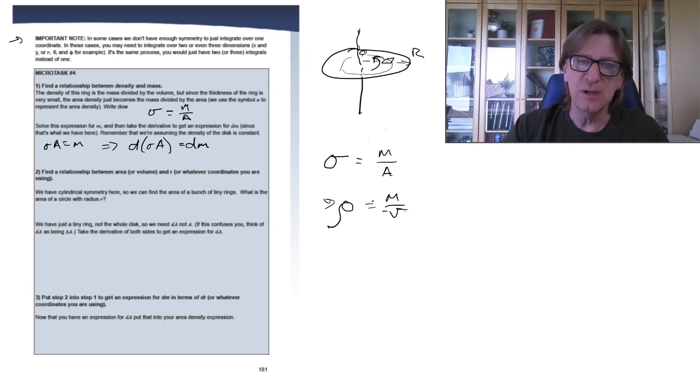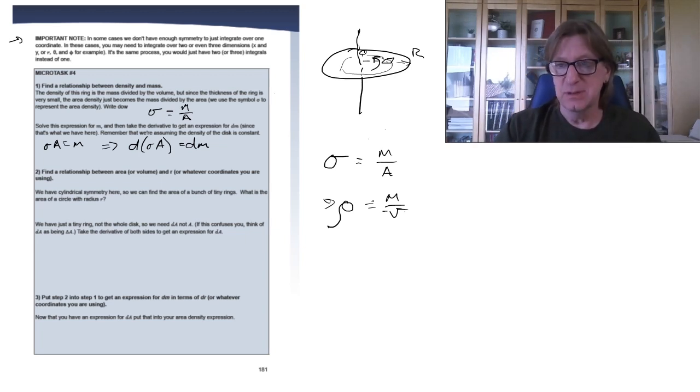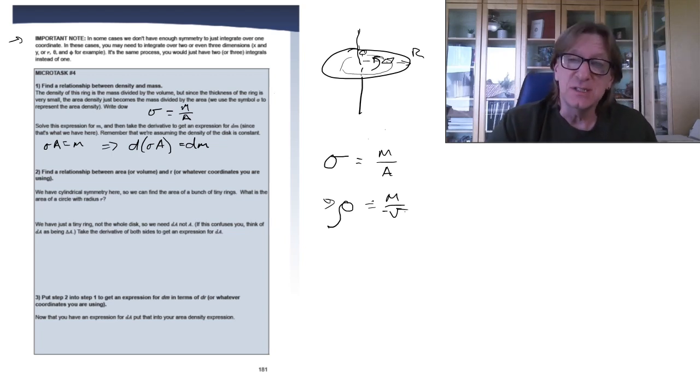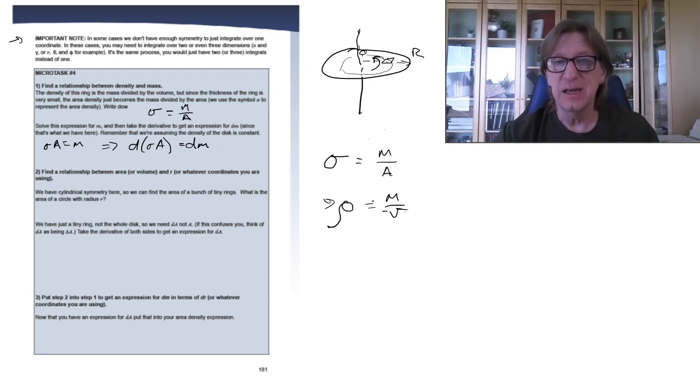So we're almost there. Now we're assuming that this is a uniform disk. We're assuming that the density doesn't change throughout this. Why might I want to do that? Because then I can pull my sigma, my density, outside of my differential. It's not a problem if it's not. I just need to have some sort of equation for how that density varies as I move outward.